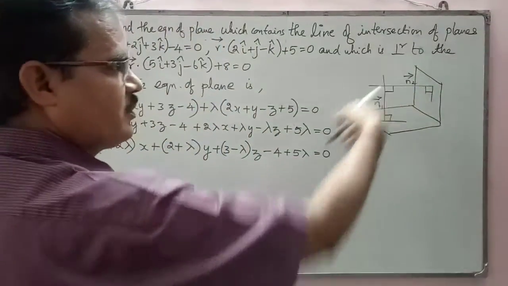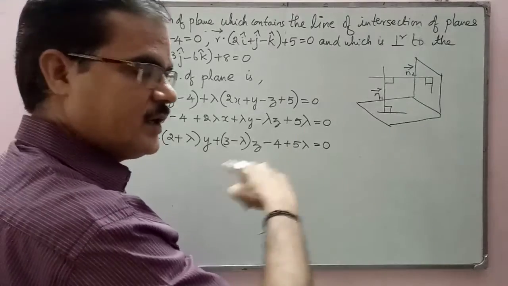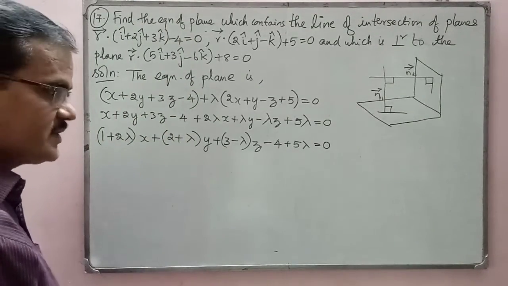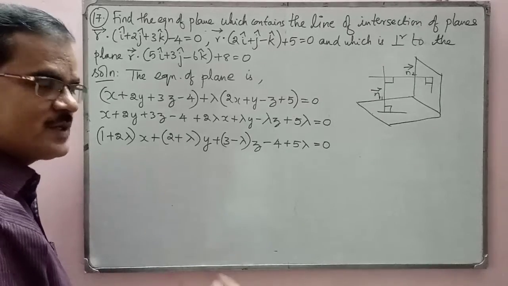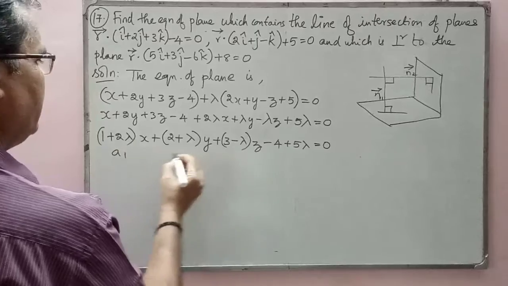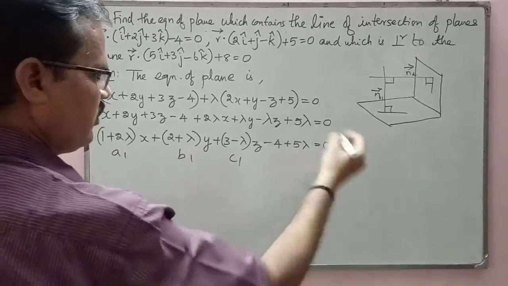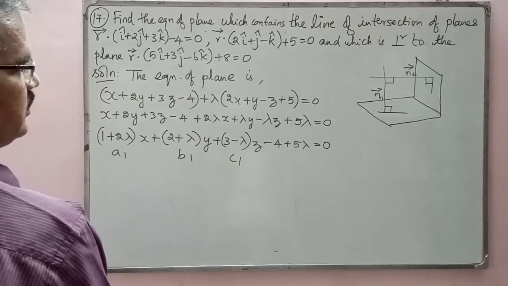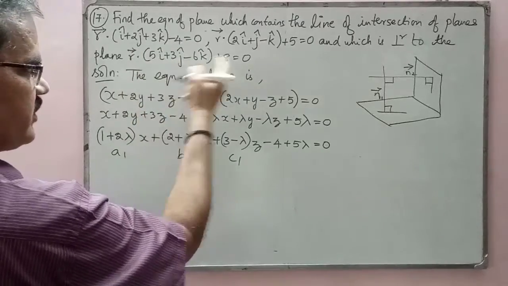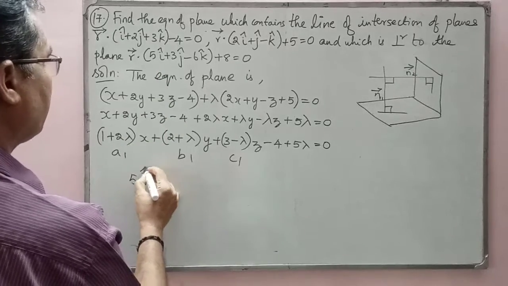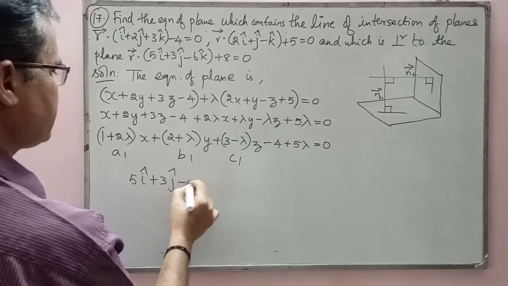So when the normals are perpendicular, what is the relation between their direction ratios? Yes, a1 a2 plus b1 b2 plus c1 c2 equals 0. Very good. Now this we will take as a1, b1 and c1. This is the direction ratio of this plane. From this we will take the a2, b2, c2 direction ratio of this plane. From here I am writing 5i plus 3j minus 6k. This is the normal of the second plane.